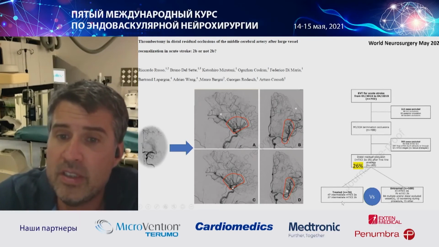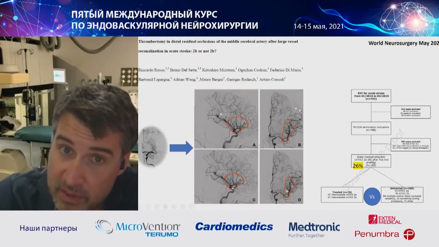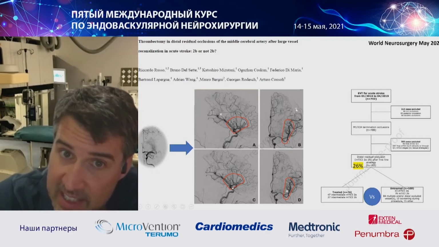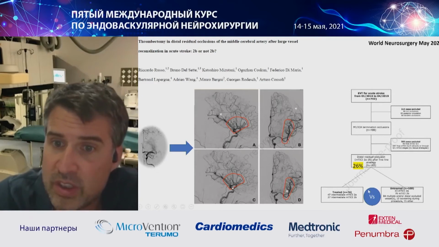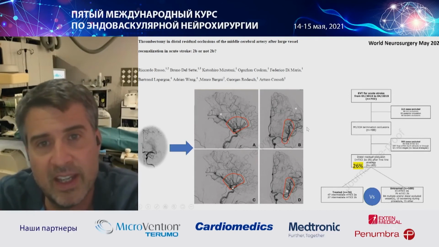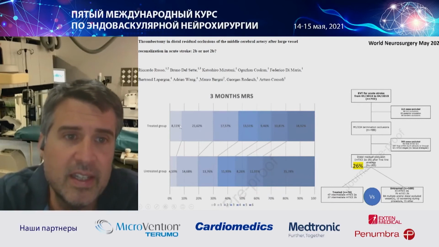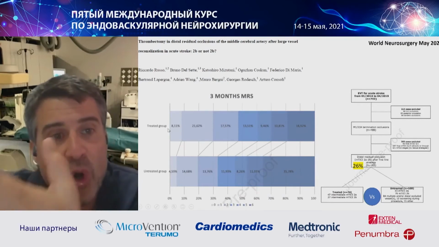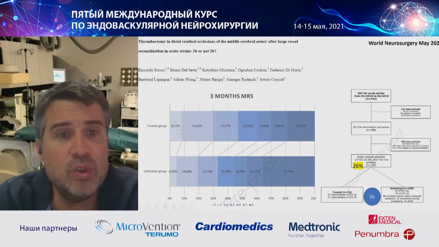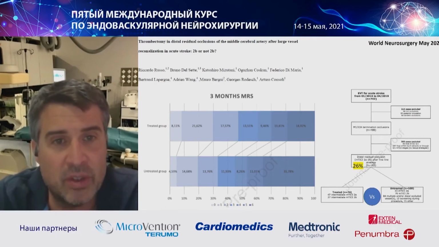And they compared those in which the physician decided to treat these distal occlusions and those in which the physician decided not to do anything else. And here are the results. Apparently, if you decide to go after these residual occlusions, the outcome of the patient is going to be better. You are improving the outcome.